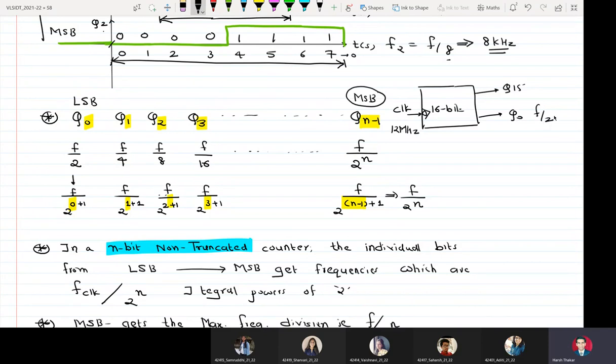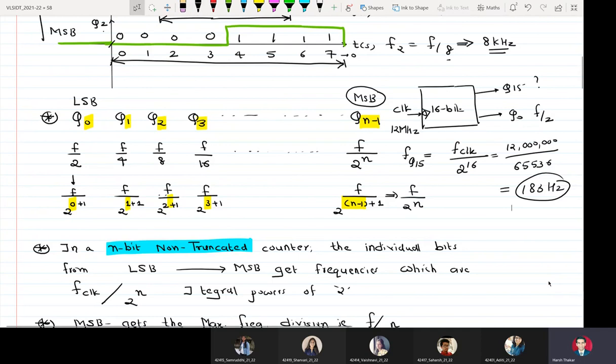So Q0 is F by 2. So what is the frequency of Q15? According to this explanation, the frequency of Q15 will be equal to the frequency of the clock upon 2 raised to 16, which is equal to 12 megahertz upon 65,536, which is equal to 183 hertz.